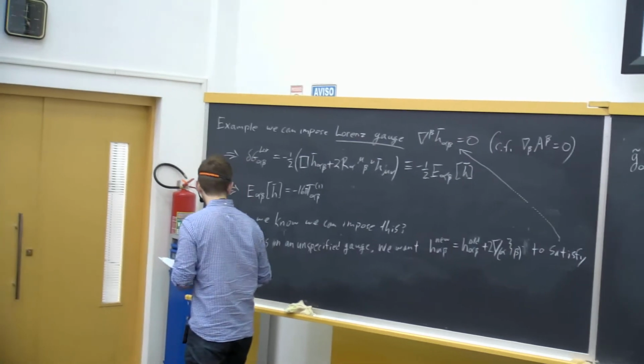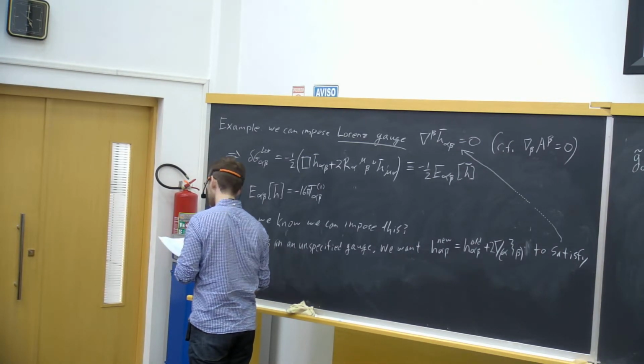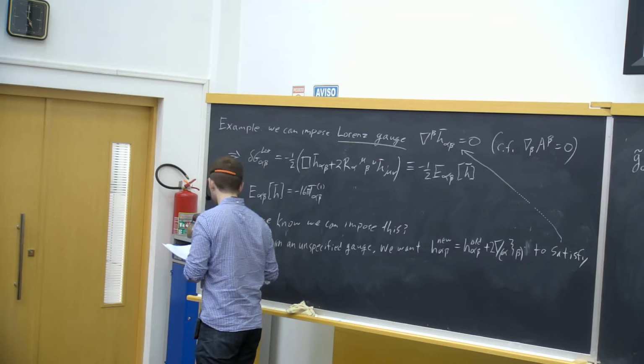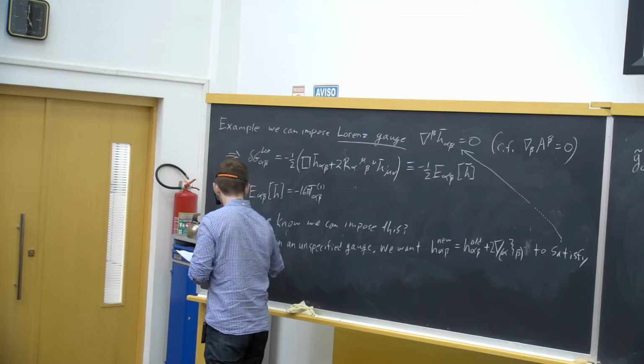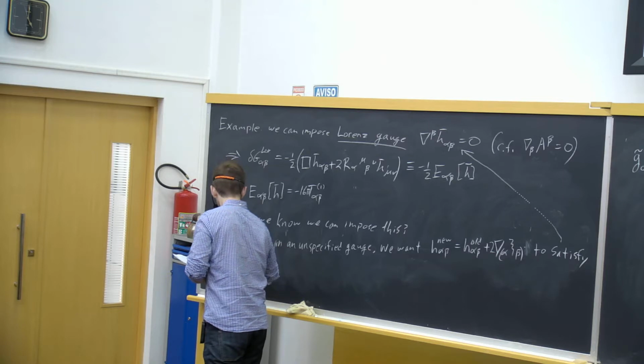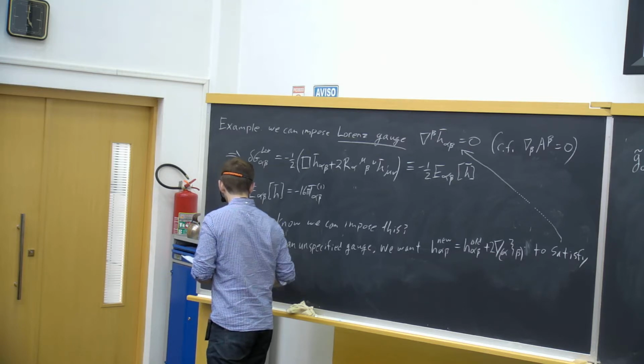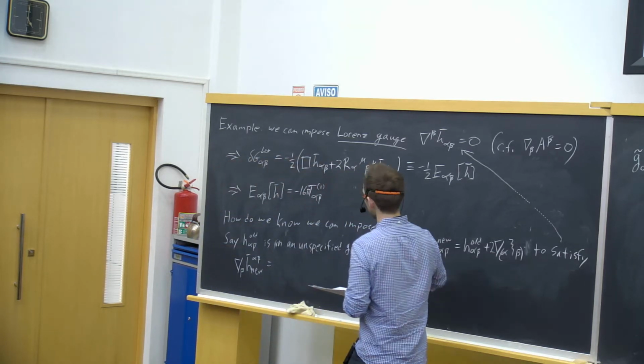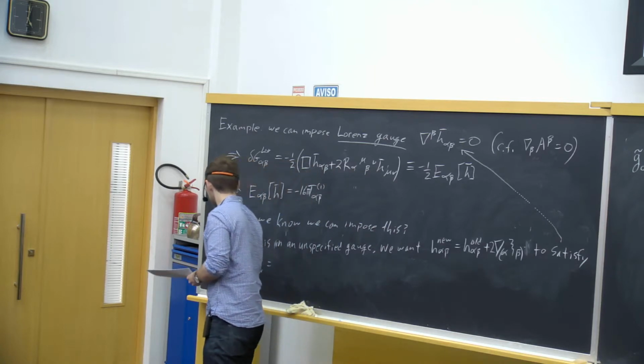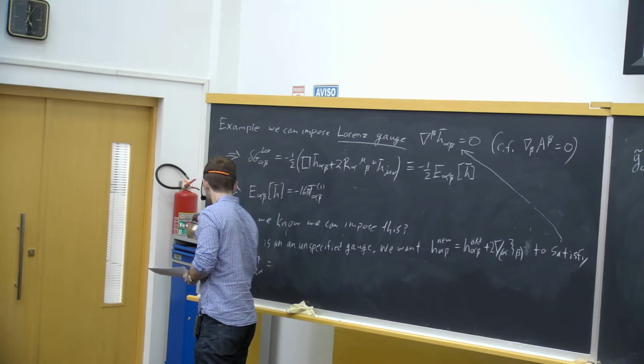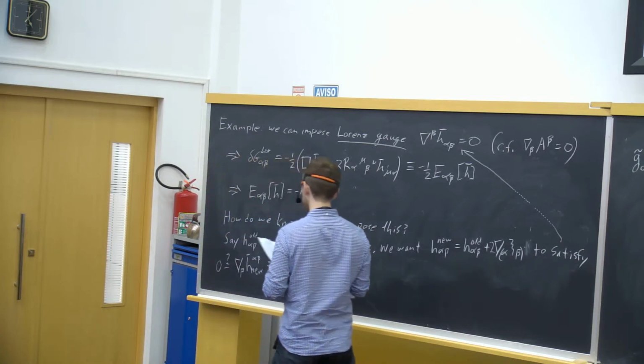Let me write that with indices in a slightly different place. So we want to set this quantity to 0. And we're going to check that we can do that.